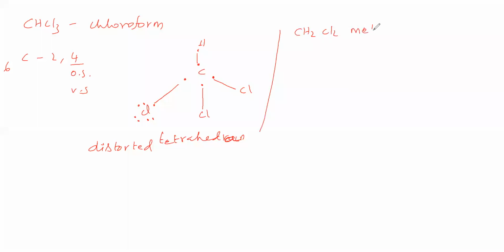Next we will take methylene chloride, or methylene dichloride. Here the central atom is carbon. This valence shell is having 4 electrons. Therefore, we will write 4 dots, and 2 hydrogens are there. Hydrogen is having 1 electron each. Then Cl will take. Cl is having 7 electrons in its valence shell.